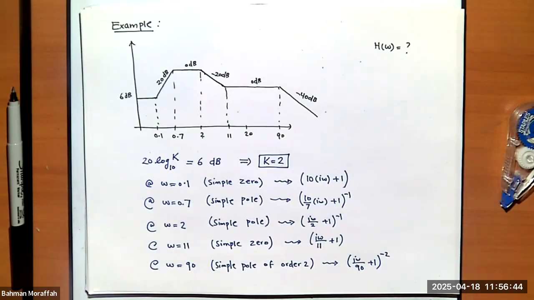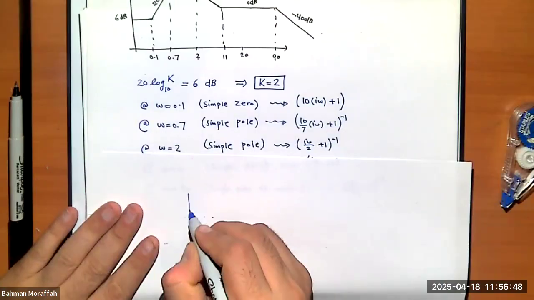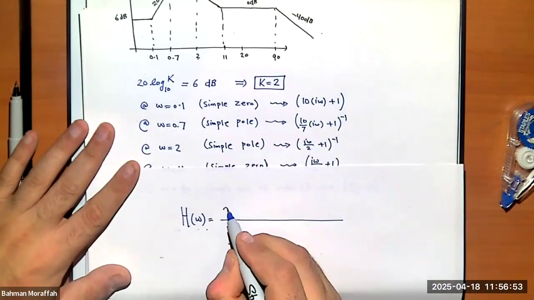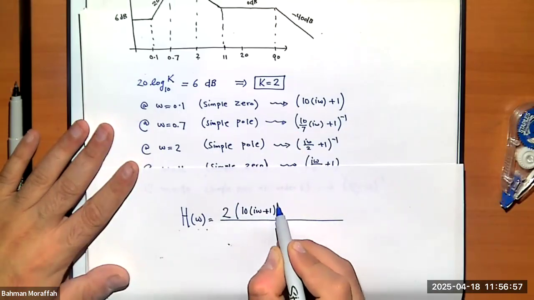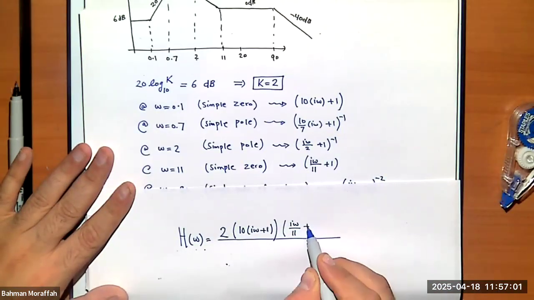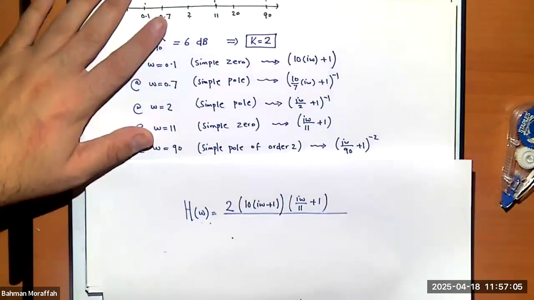What is my H of omega? Multiply all of them. So my H of omega is, well, I have the constant. I have all the zeros plus 1. I have another 0 over here. Another 0. And then I have my poles.